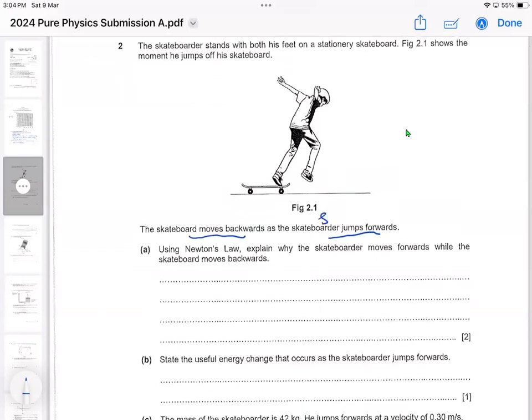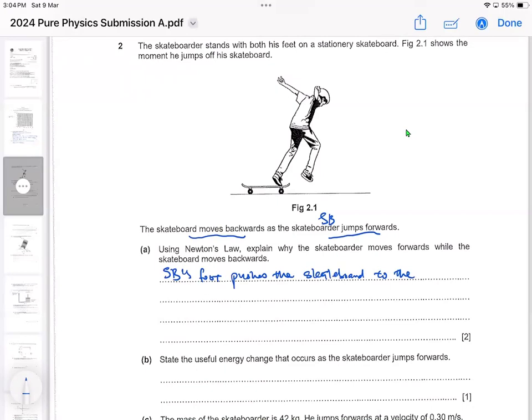Okay, I'll use SB as the skateboarder. So I'll mention that the skateboarder's foot pushes the skateboard. In this case you can see that it moves backwards.